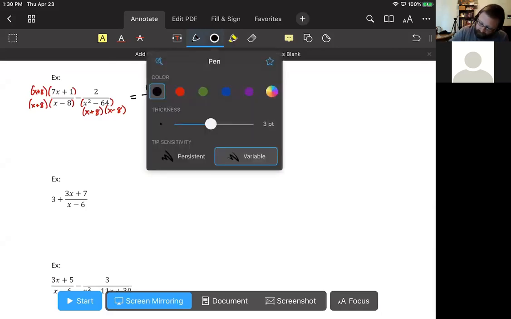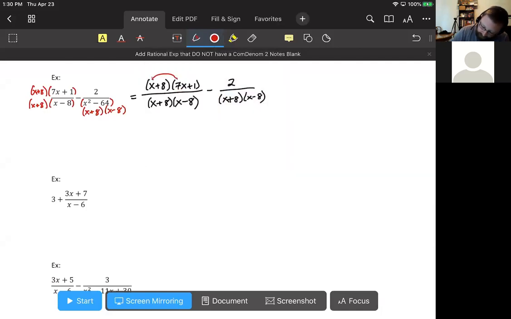So we're going to double distribute or FOIL the top of the first fraction. That would give us x times 7x, which is 7x squared, x times 1, which is x, 8 times 7x, which is 56x, and 8 times 1, which is 8.